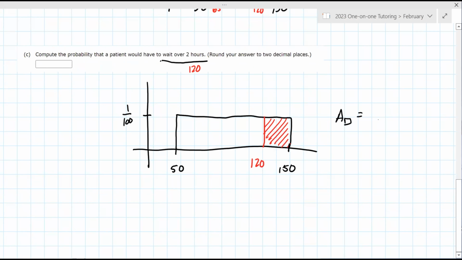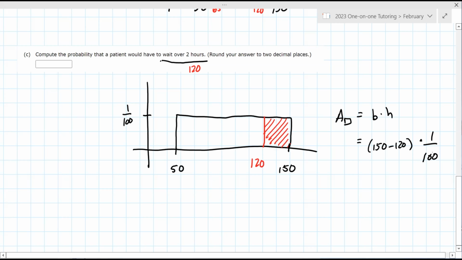The area of the rectangle is base times height. It's 150 minus 120, that's the base. And the height is again 1 over 100. If you want to calculate that for us. 0.3. Yeah.